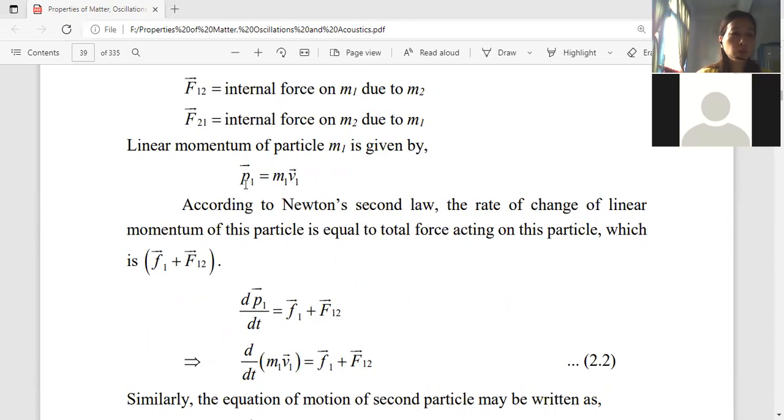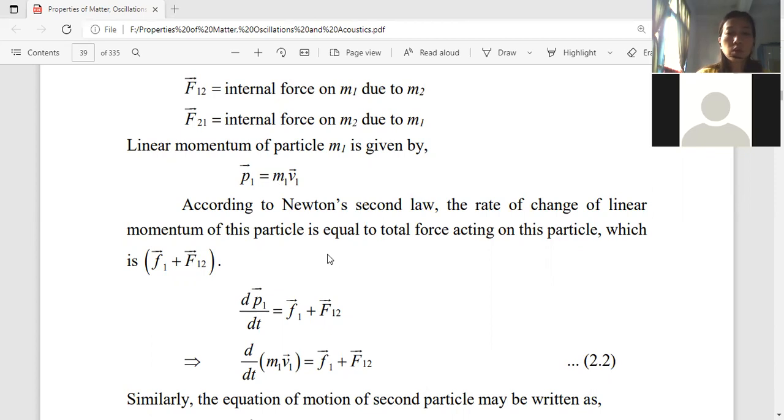Small letter p is momentum, whereas capital P is normally pressure. Momentum is equal to mass into velocity. Since we have two particles whose masses are m1 and m2 and velocities v1 and v2 respectively, we write the momentum of particle m1 as vector p1 equals m1 v1.